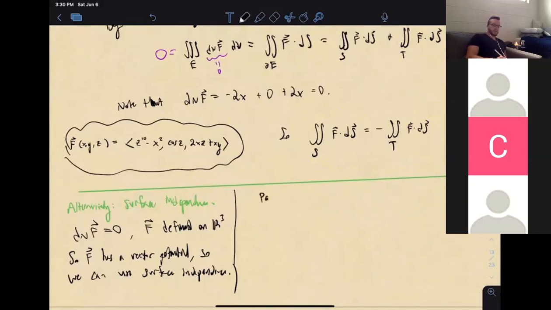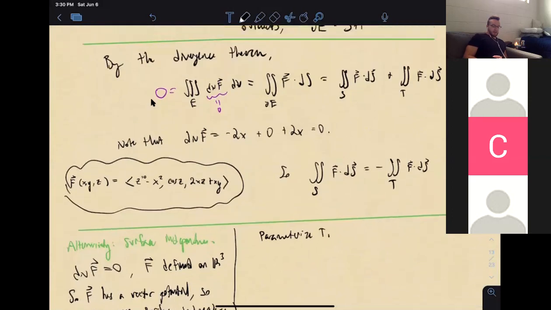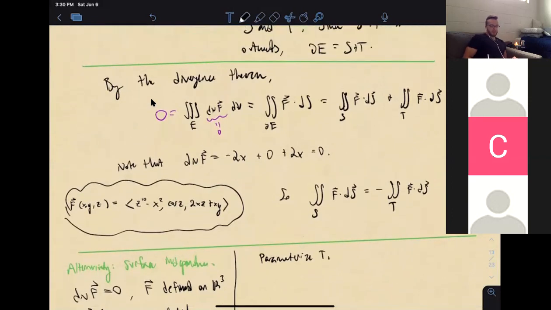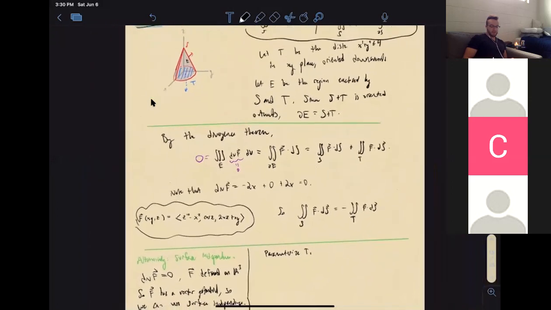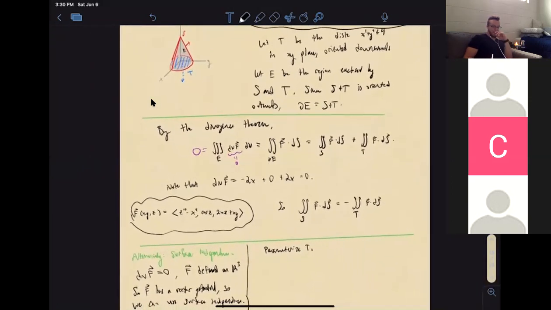So what do we want to do? We want to parameterize T. How could we do that? Sorry for zooming in and out a whole lot. Yes, so T is the unit disk in the xy plane.